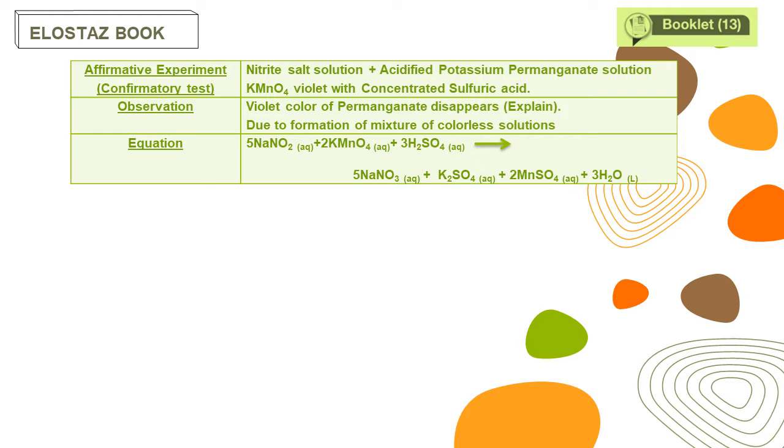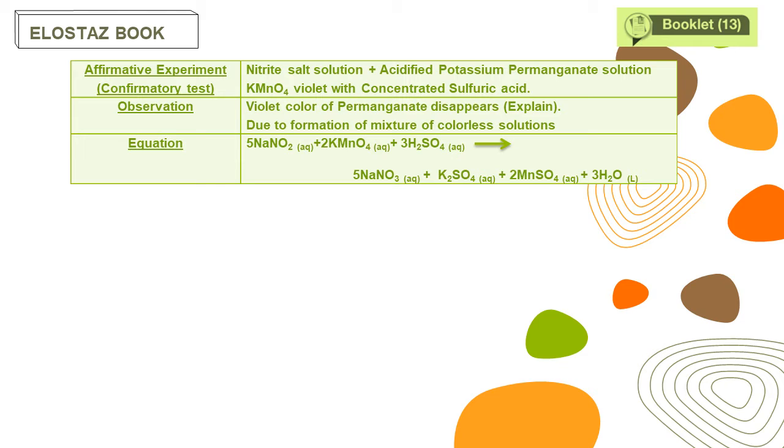If we take the nitrite salt solution like NaNO2, it reacts with acidified potassium permanganate solution, the violet KMnO4, in the presence of concentrated sulfuric acid. So the reaction will be here. Our question says it will remove the violet color of potassium permanganate.